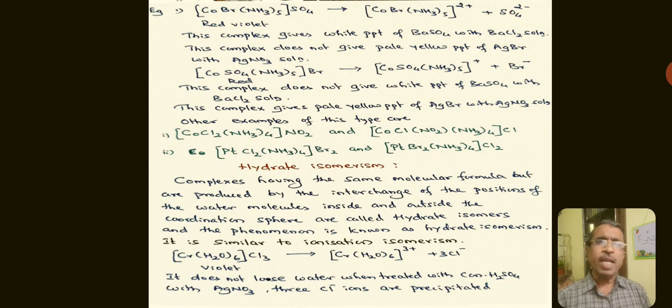Now let us take another, that is hydrate isomerism. Complexes having the same molecular formula but produced by the interchange of the positions of the water molecules inside and outside the coordination sphere are called hydrate isomers, and the phenomenon is known as hydrate isomerism.